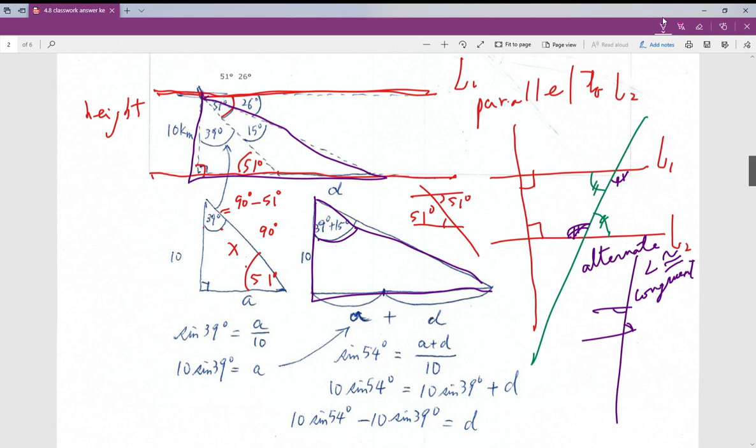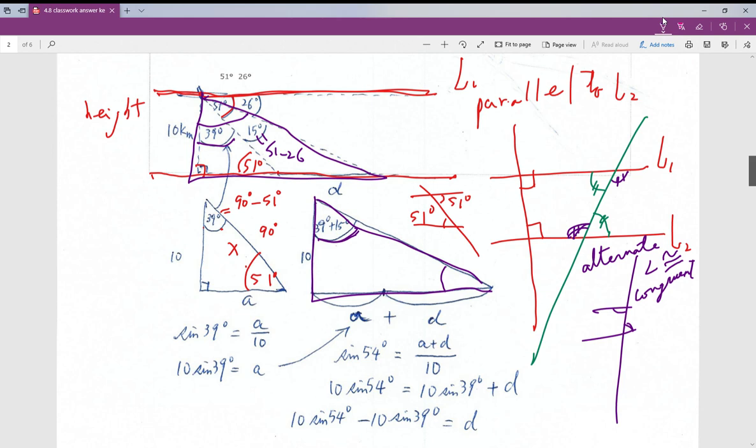what's the angle here? So this is 39 degrees, right? And then what's the angle? 51 minus 26. So this is 15 degrees. Therefore, the whole thing will be 39 plus 15. If you have 39 plus 15, you may easily find the angle here, but probably you don't need to.